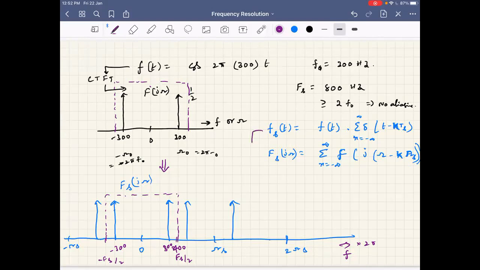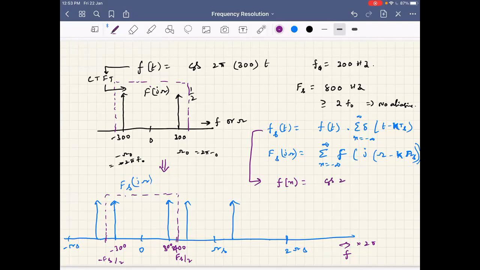So now the next question is, if we want to get the discrete signal, we are not very happy just with this. From here, what we want is f of n, so we want to write the signal itself. If you want to write the sampled signal, what do we do? This sampled signal keeps repeating.